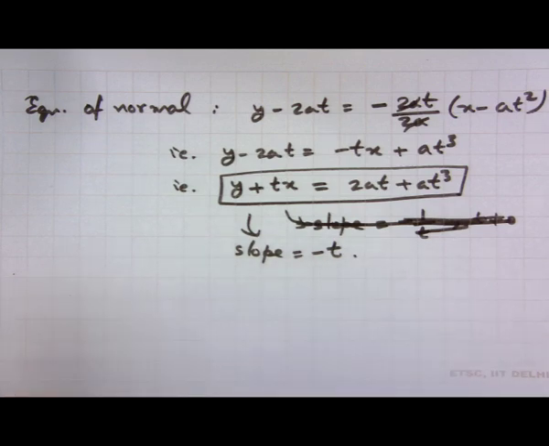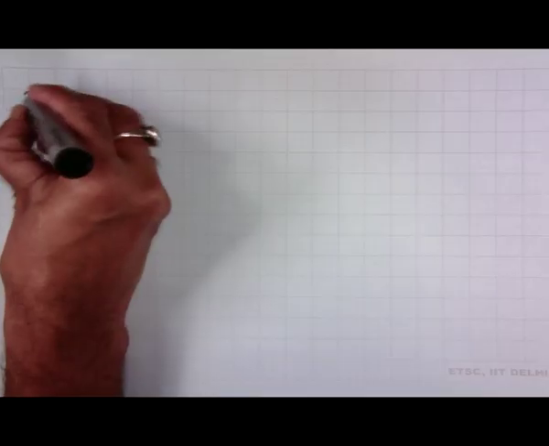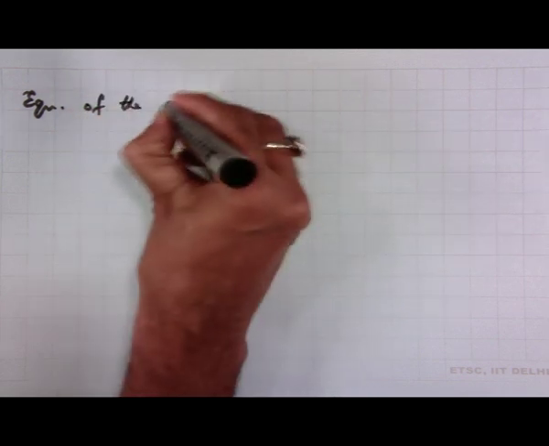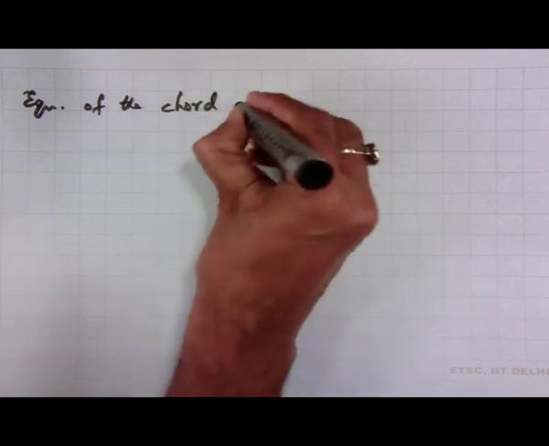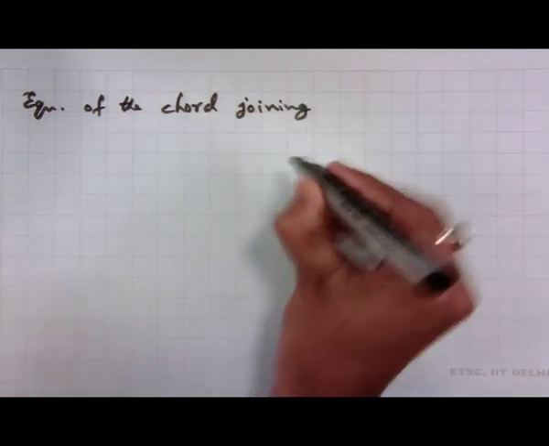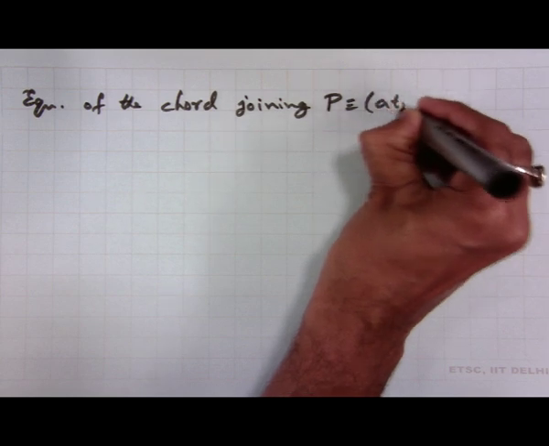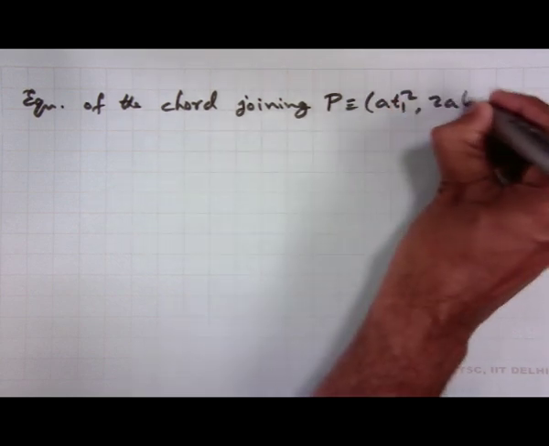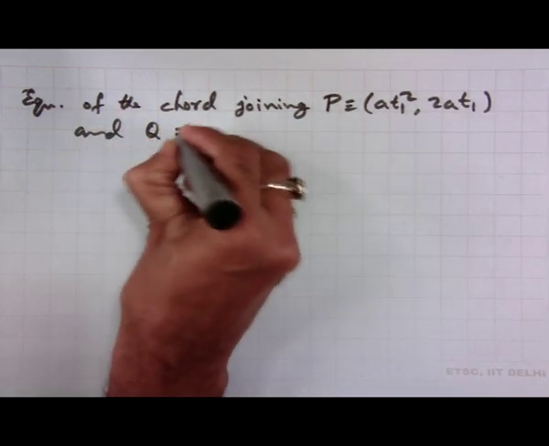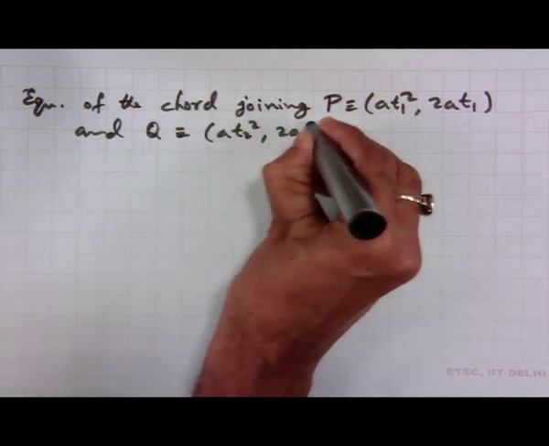Let us also find the equation of the chord joining two points, say P is (a t 1 square, 2 a t 1) and Q is the point (a t 2 square, 2 a t 2).